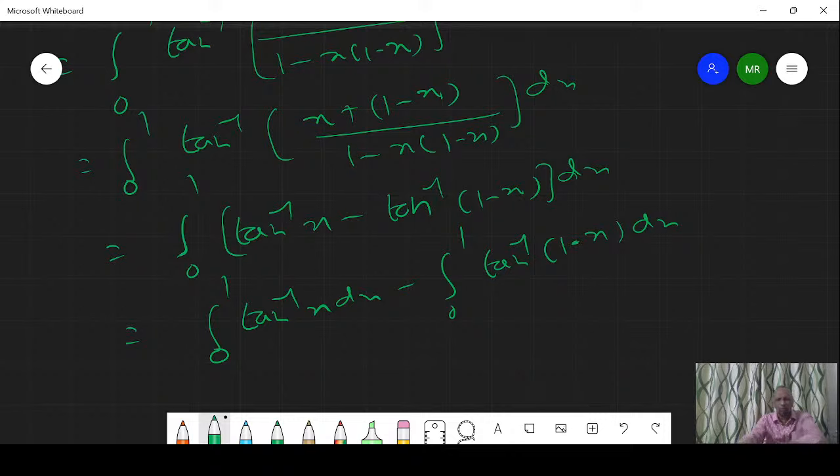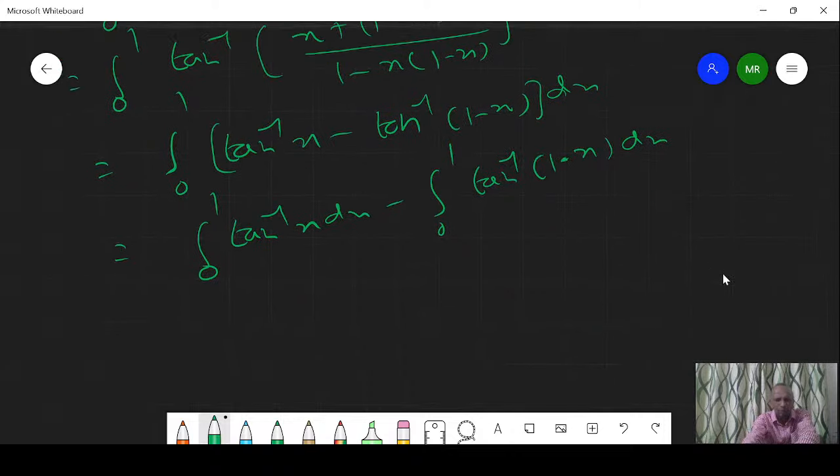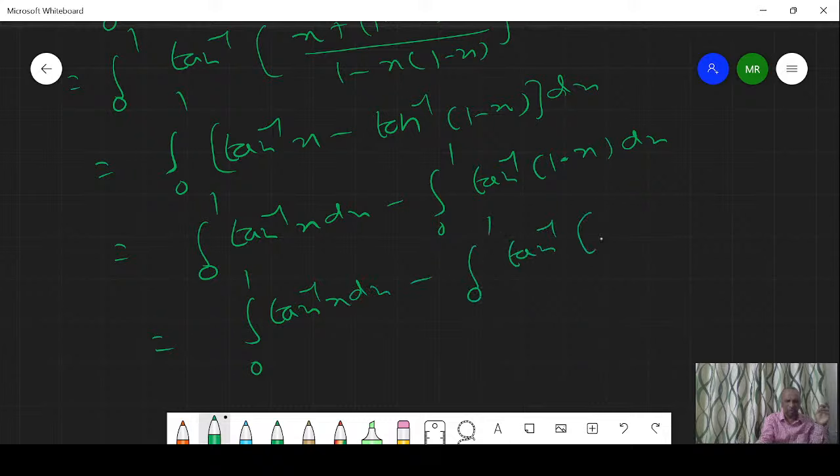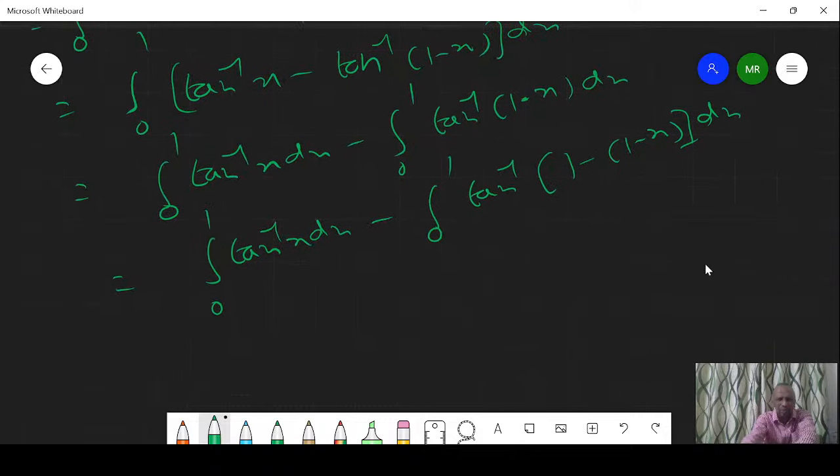If you apply the property P4 here, you can see integral 0 to 1 tan inverse x dx, and 0 to 1 tan inverse of 1 minus x. Replace x with 1 minus x, there is no change in the integral function. This will become integral 0 to 1 tan inverse x dx minus 0 to 1 tan inverse of, check this, 1 minus 1, this will be x only.